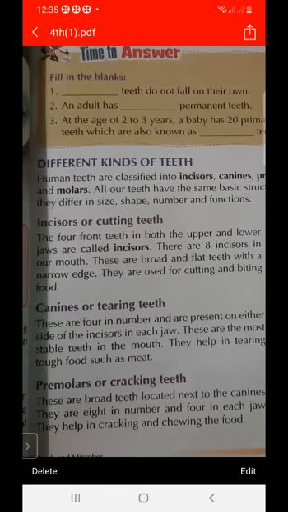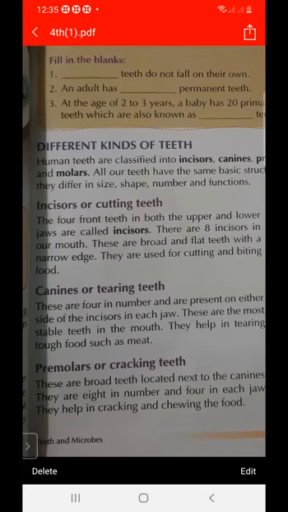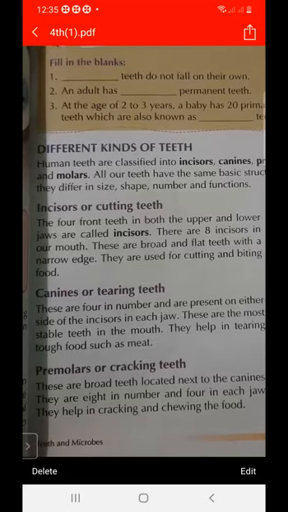So what do you mean by incisor or cutting teeth? The four front teeth are called incisor. And why are they called cutting teeth? Because they are used for cutting the food and biting the food. And what are their numbers? They are eight in number.